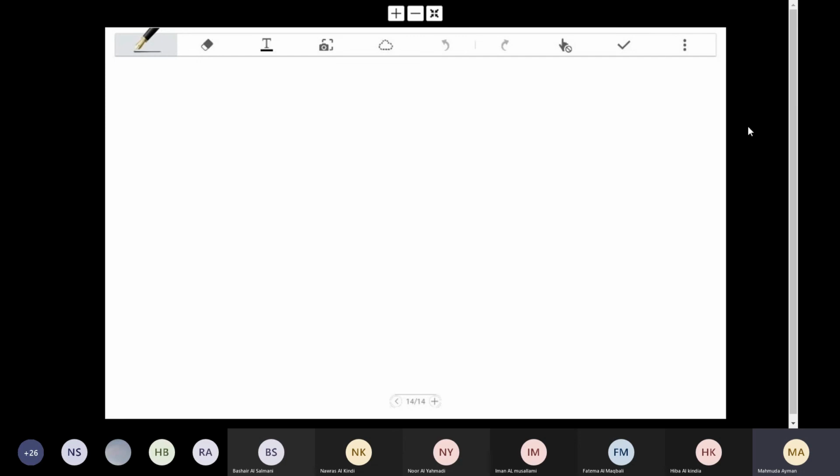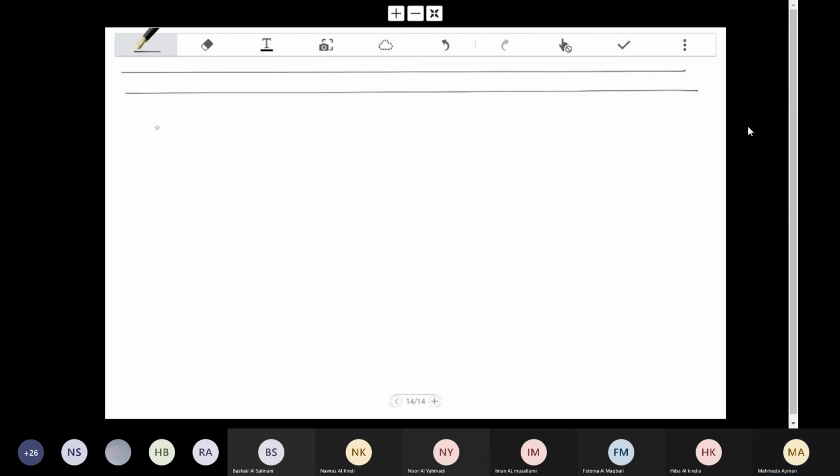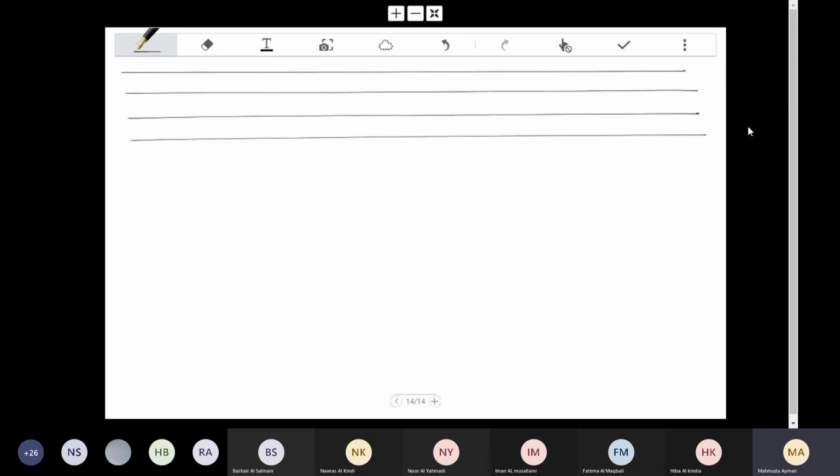So we have values of i, values of xi, k1.